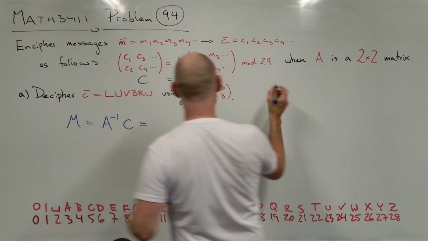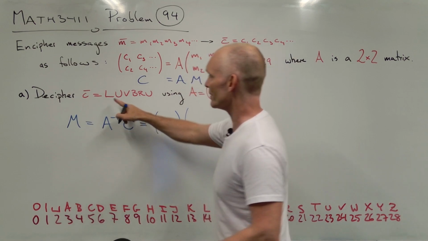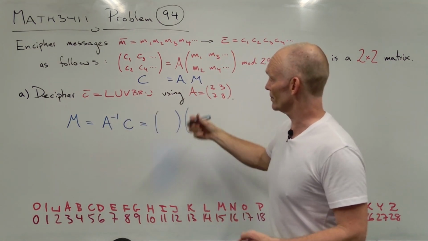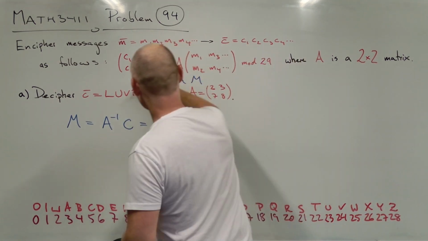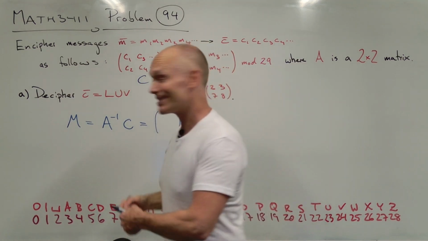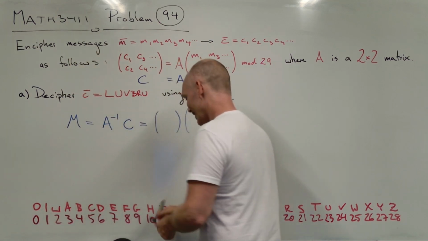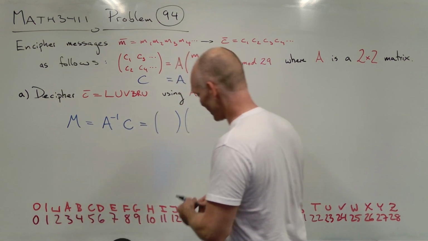So this will be a 2 by 2 matrix, and then C there, that's the matrix that we get from this love brew ciphertext. Sorry, I just deleted half of it. Oh no, we are missing half of the ciphertext, and we're back.